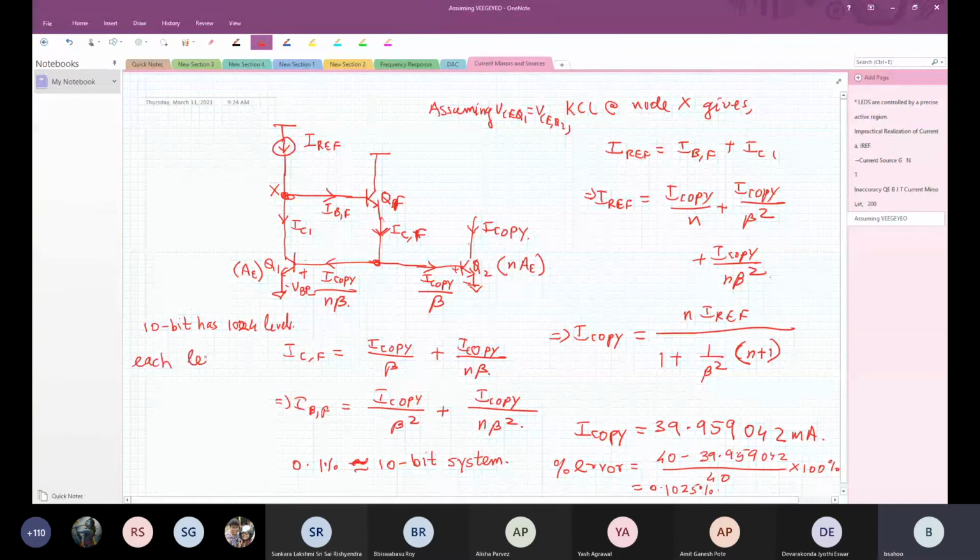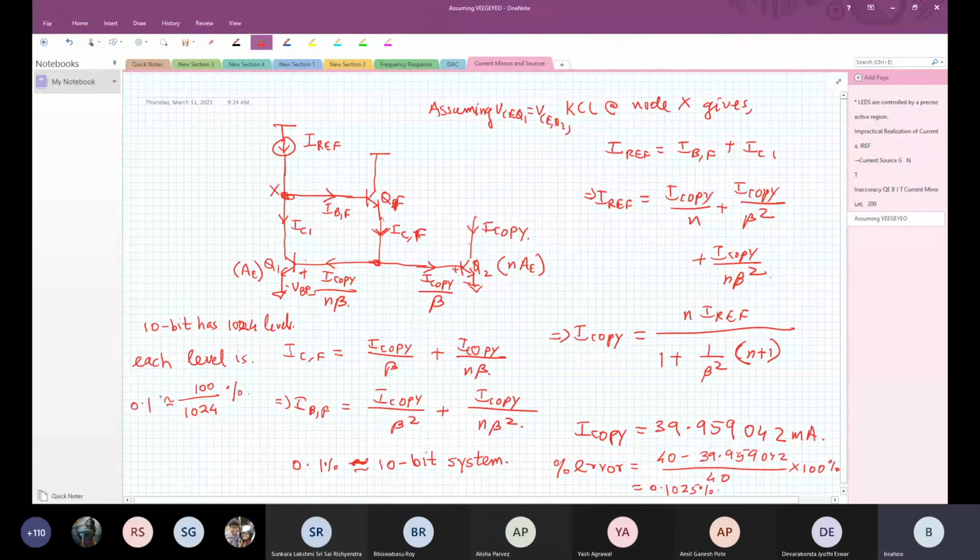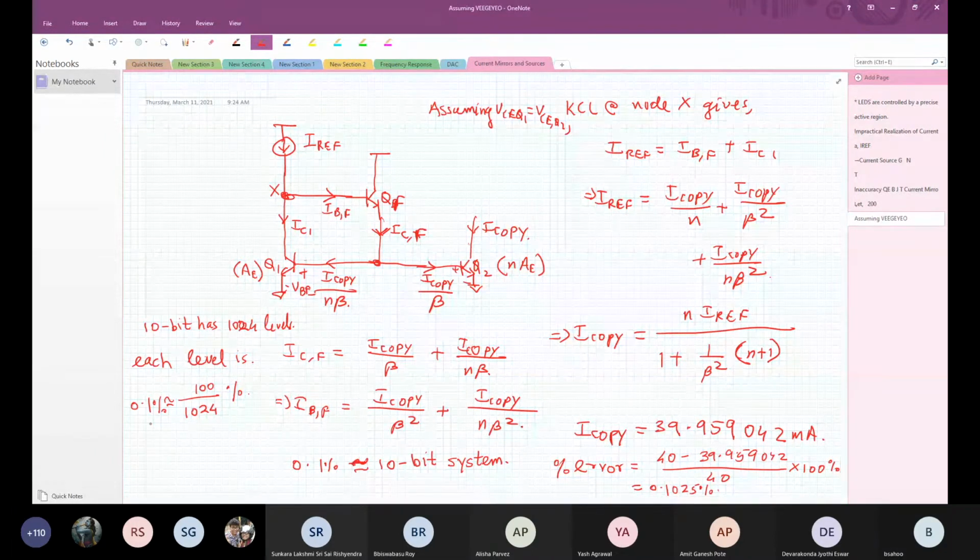Each level is 1 divided by 1024 times 100%, which is roughly equal to 0.1, right? Am I clear? Is that okay with everybody?